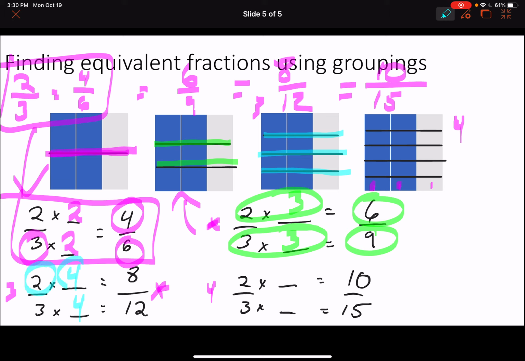So 2 times 4 is 8, 3 times 4 is 12. Now this last one, not what I wanted to do. I divided it 1, 2, 3, 4. I put 4 lines in, which made 5 sections. So I'm going to multiply by 5. So 2 times 5 is 10 for the numerator, and 5 times 3 is 15 for the denominator.